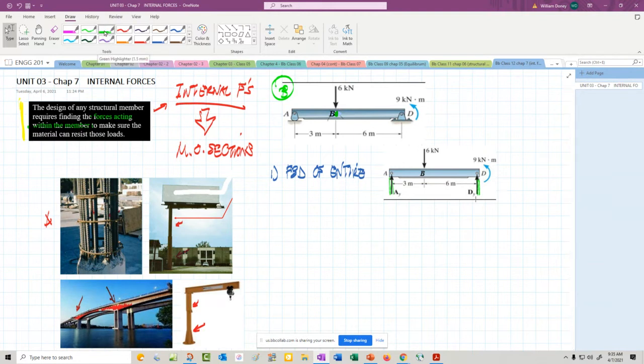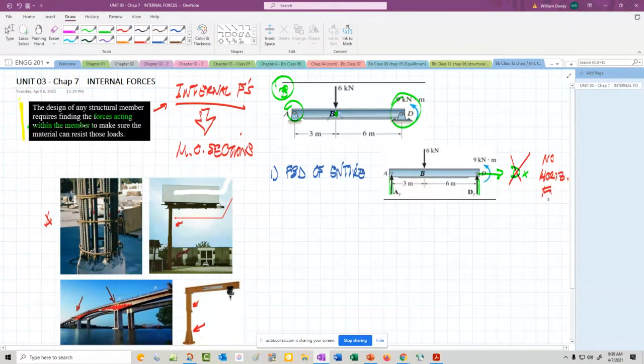Now there should be a DX over here. The book doesn't add one here, even though it's a pin, right? A pin we would expect to have an X and a Y component, versus a rocker over here, which is just a Y. And the reason they don't include that is because there's no horizontal force acting on that member.